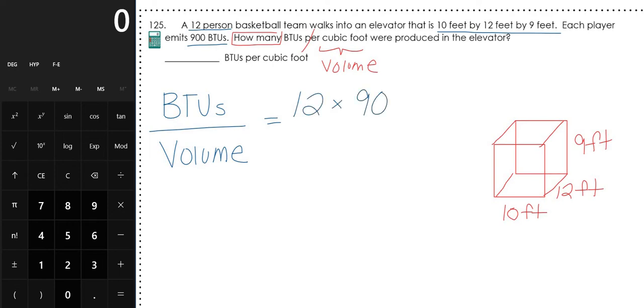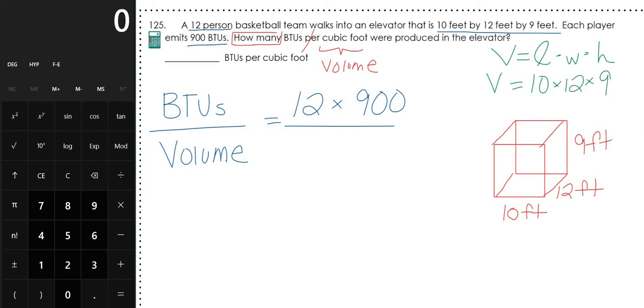So 12 times 900, all over the volume of this shape. Now, since it's a box-like figure, the quick and dirty way of finding the volume of anything that looks like a box is length times width times height. So in this case, it's going to be 10 times 12 times 9.